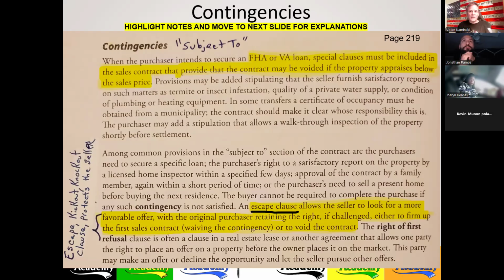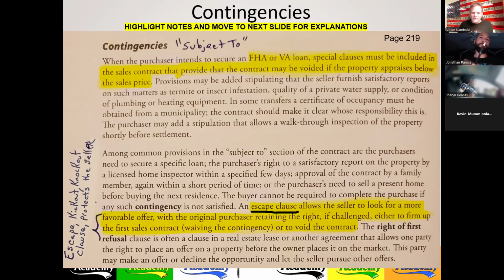And you could say, okay, we'll accept that, but only if you allow us to continue marketing the property, so that in the event that we find another buyer that makes an offer that's acceptable, we'll come back to you and say, you got to remove that as a contingency. And if you're not ready to, then we could cancel the contract with you so we could accept the other offer and move forward. You good with that? That's called an escape clause.